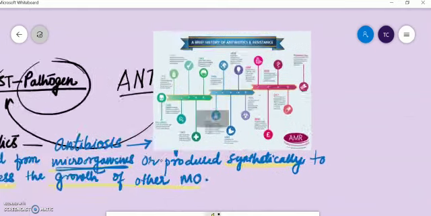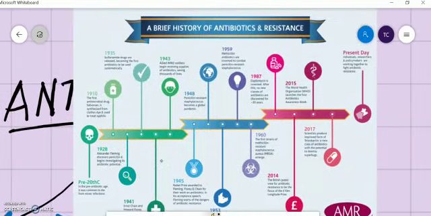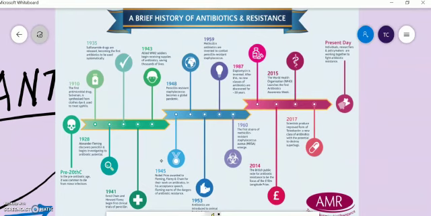If you look at the history of antibiotics, this particular image shows a brief history of antibiotics and resistance. I will start from the pre-20th century. In the pre-antibiotic age, it was common to die from minor infections.